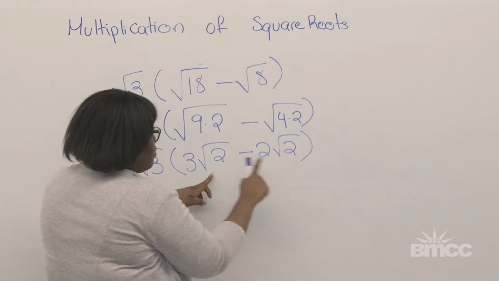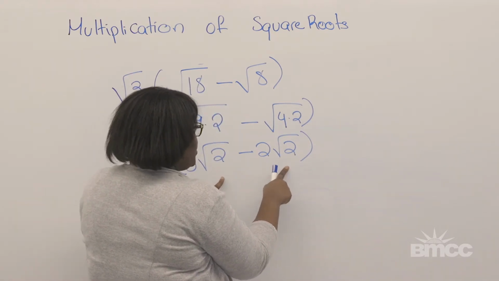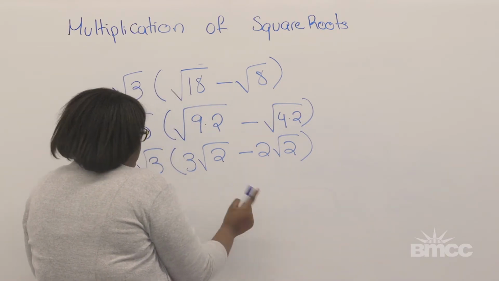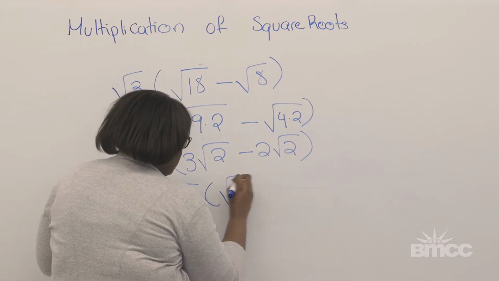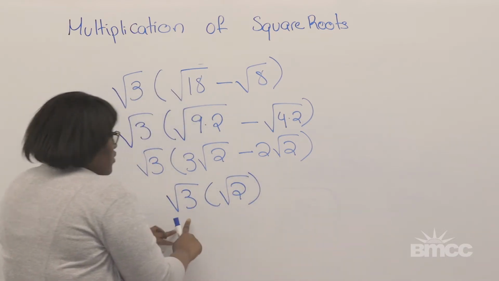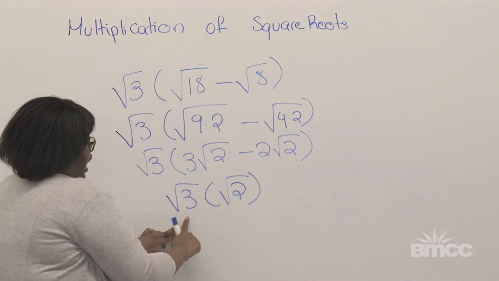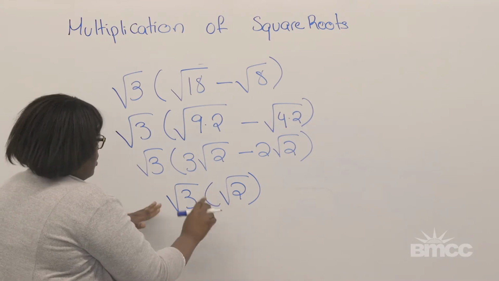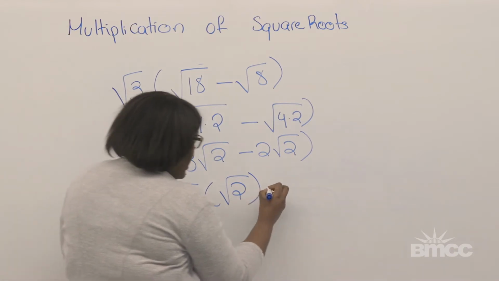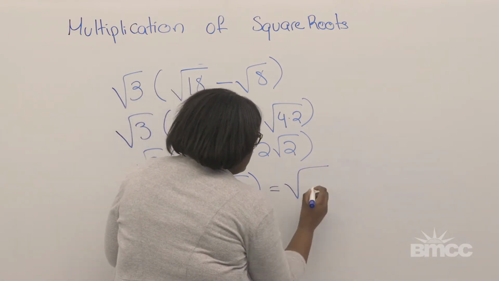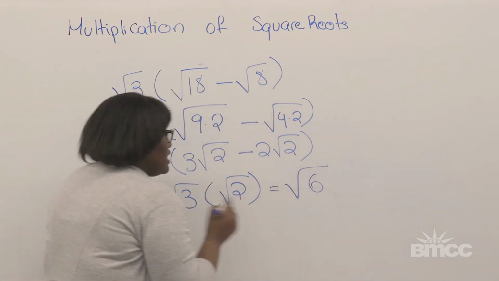Again, both these expressions have square root of 2 beside it, so we can just minus the coefficient. So this would just be radical 3 times square root of 2. And since both these numbers are under the radical, we can multiply them together. So our final answer here would just be square root of 6.